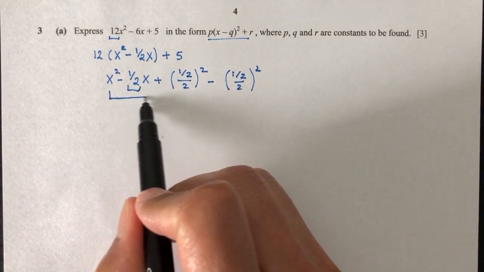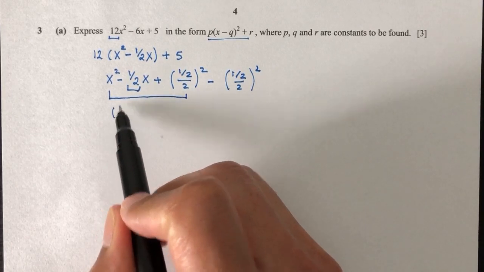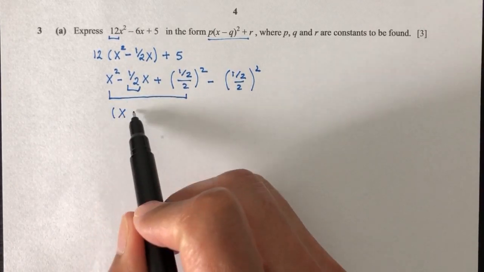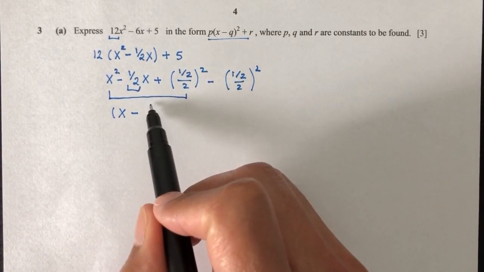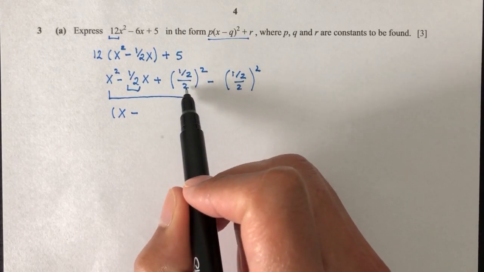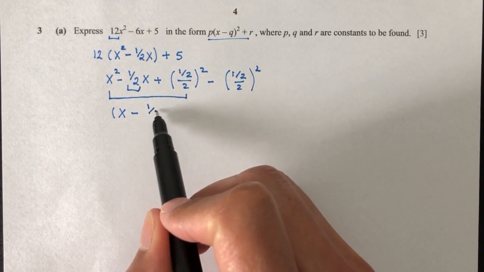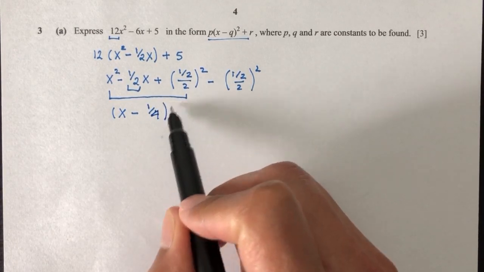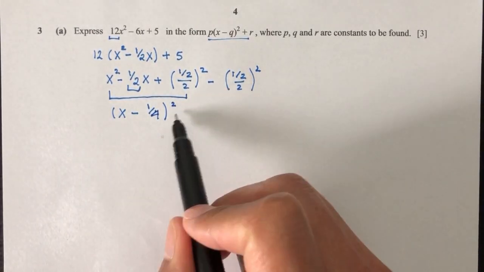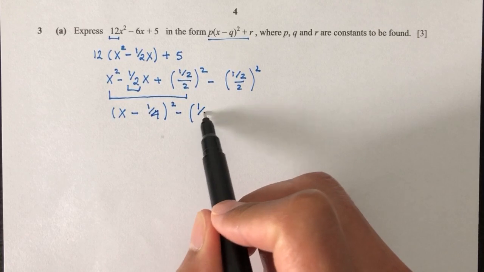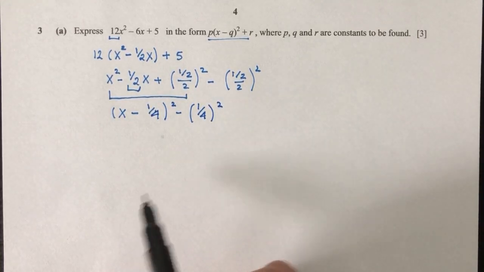So this becomes x minus this number, 1 over 2 divided by 2, that is 1 over 4, and we'll have 1 over 4 squared.